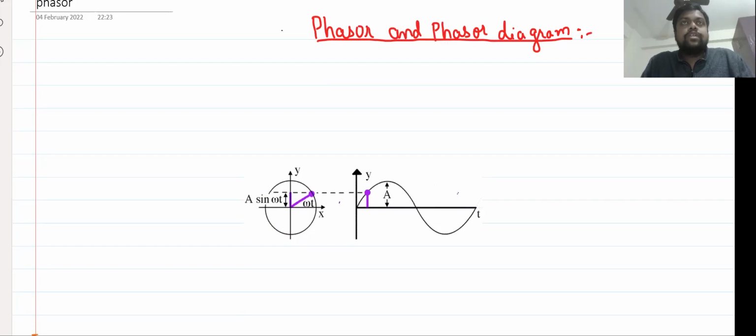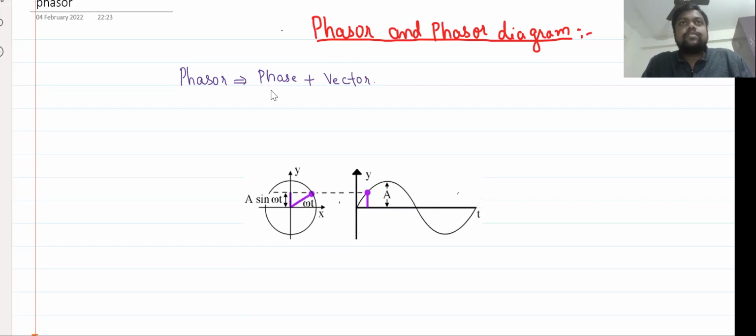So first, let us understand what is phasor. This phasor is made up of two words, that is phase plus vector.